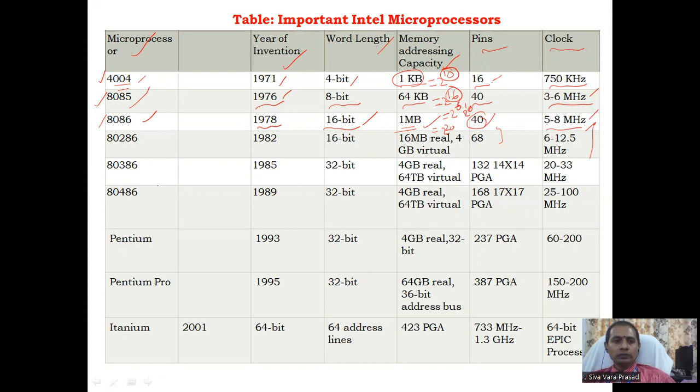Then later 286, 386, 486, and Itanium, the 64-bit microprocessor, where pins are almost 423 and the clock frequency is 733 megahertz. So these are some of the important ICs, their word length, memory capacity, pins, and clock frequency.